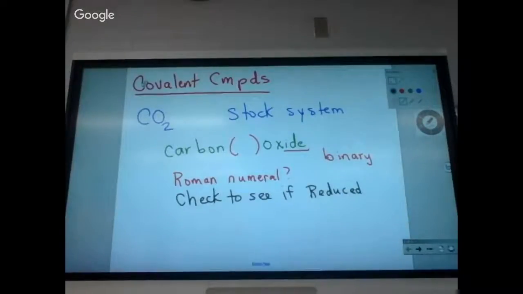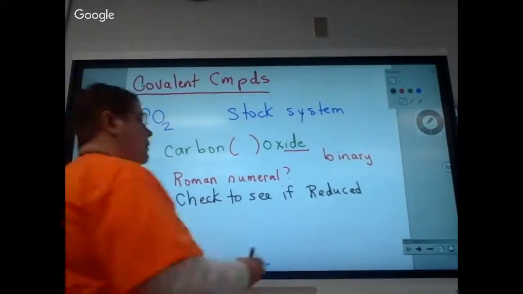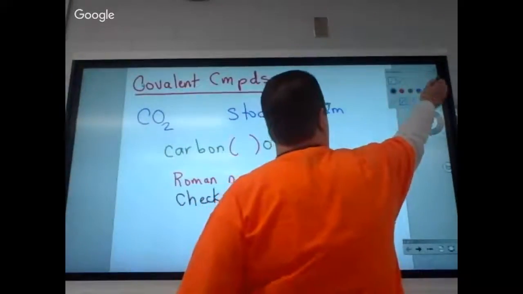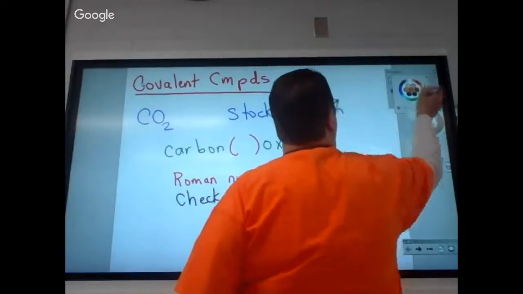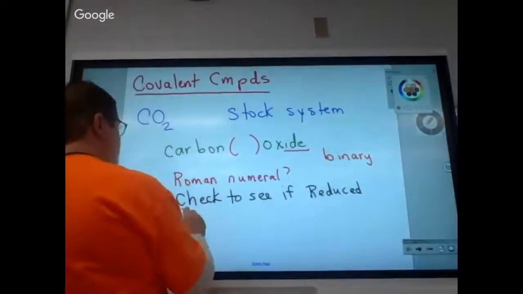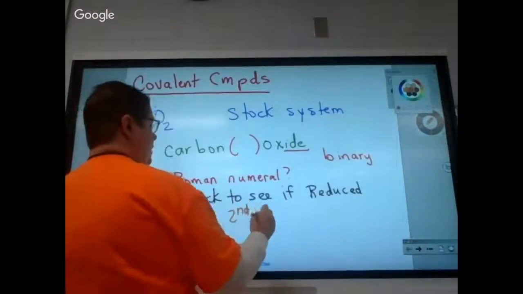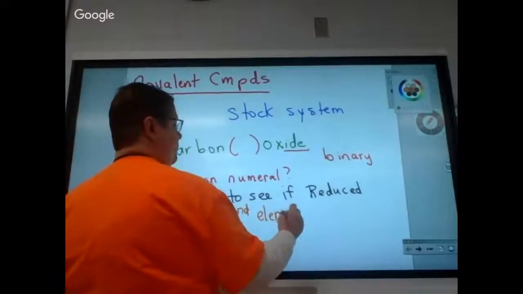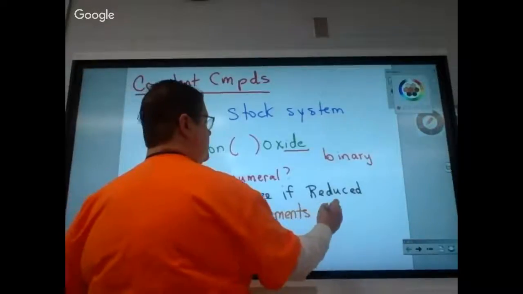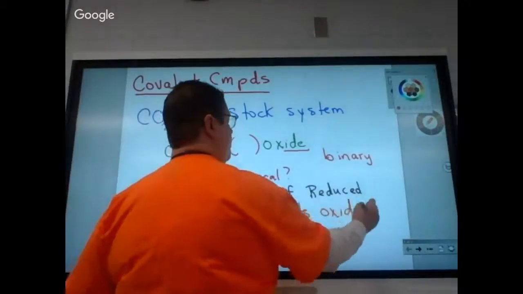But now that I'm teaching this, you need to also check your ionic compounds because now I won't be as kind on the ionic compounds. Okay? So, how do you check to see if it's reduced? You check the second element's oxidation number.